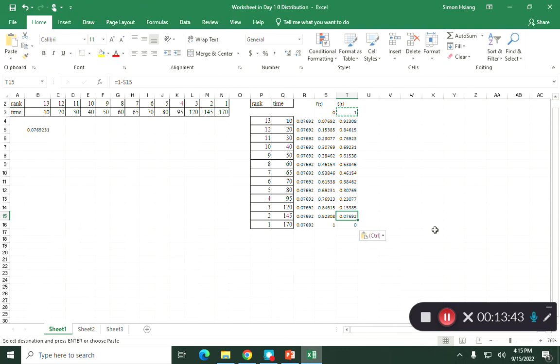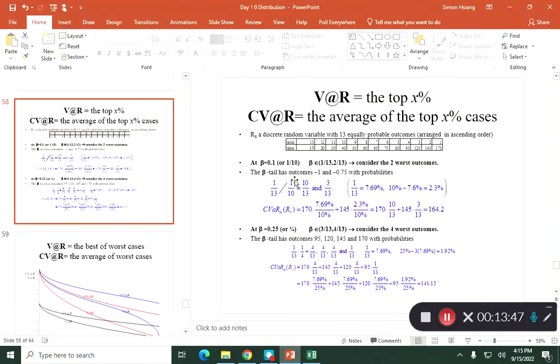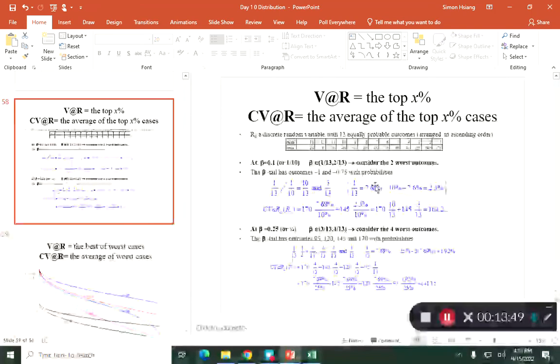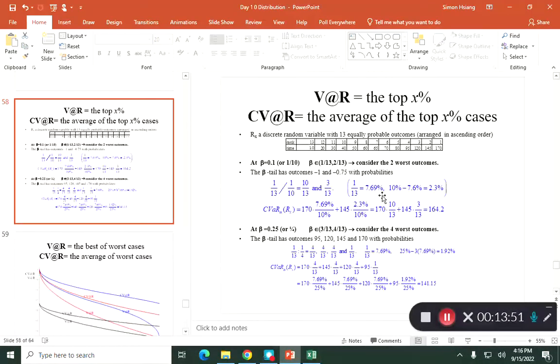So it goes a little beyond. 1 is 7.69, and the other one says I need you to set up the level at 10%. 10 minus the first guy, 7.69, is 2.3% left.